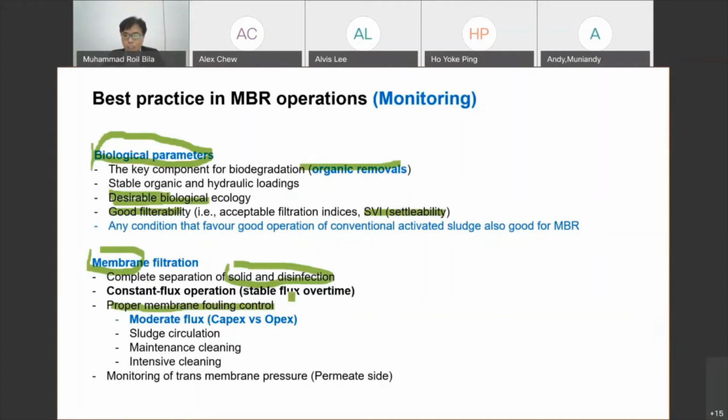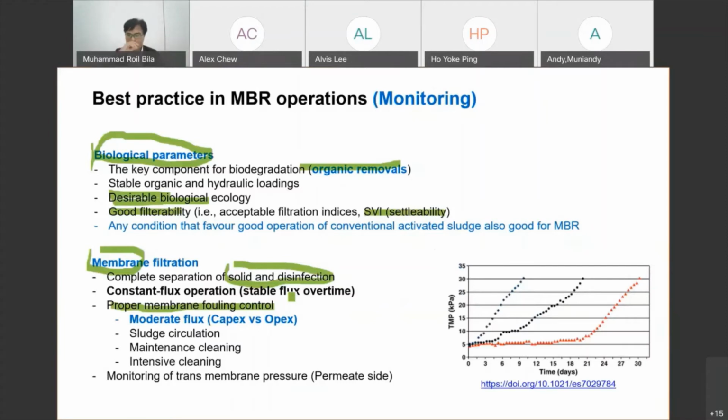Normally, we have different approaches to do it. The most important approach is you need to select the right flux. What is the right flux? You see here three systems. TMP here stands for transmembrane pressure. I took this one from a very nice journal paper.